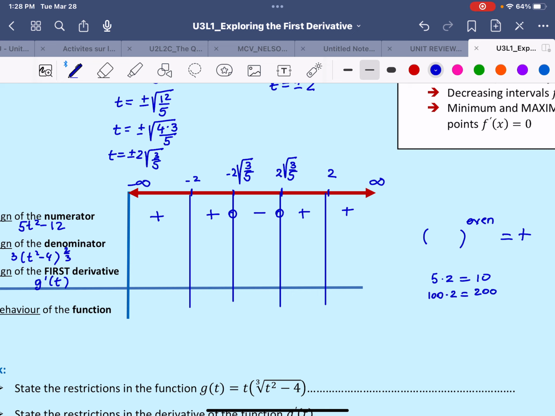Now, in our case, what we have is a power of 2/3. And can't the number 2/3 also be interpreted as a double of another number? So 2/3 is double of 1/3. So that means that the exponent 2/3 is an even number as well.